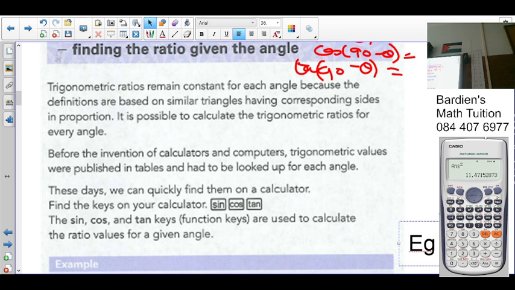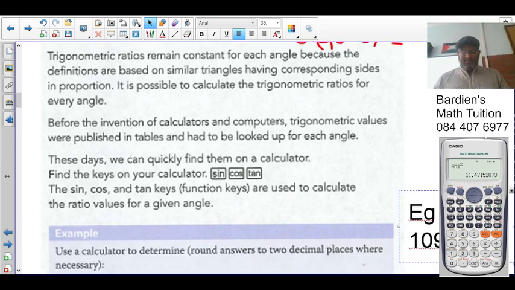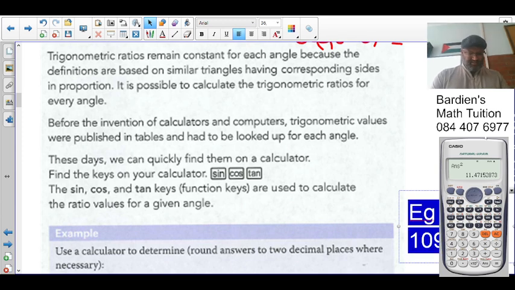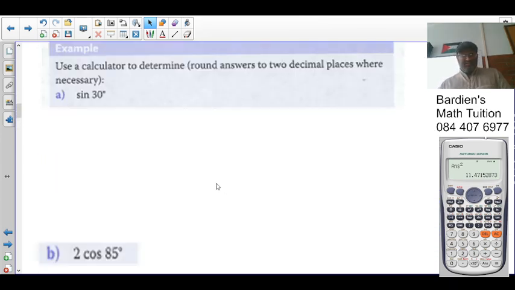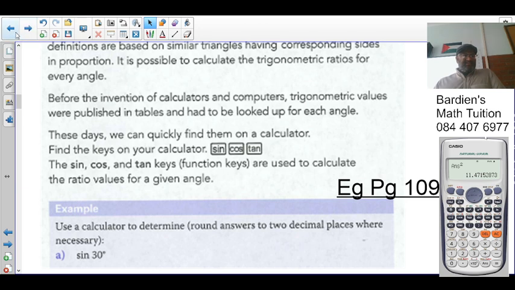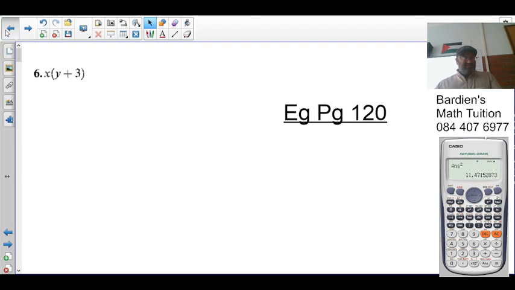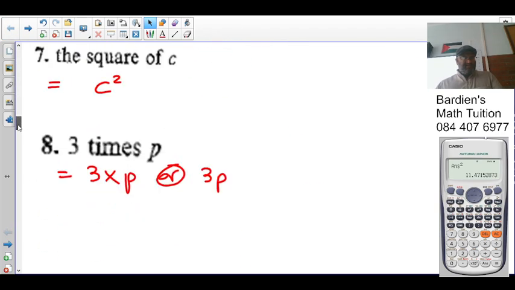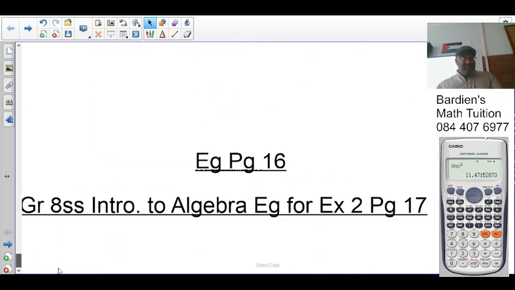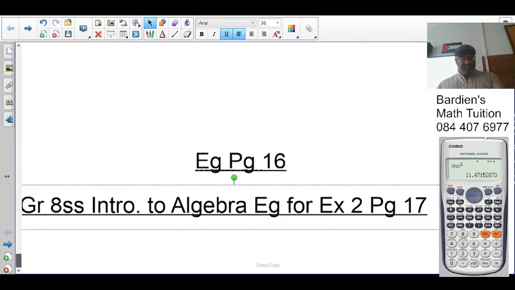We're reading from page 109. Let's keep the format the same.